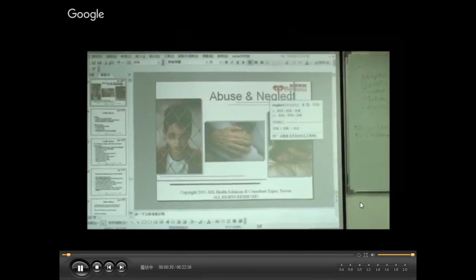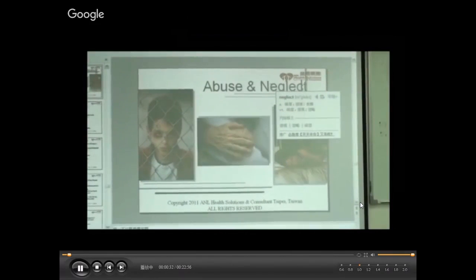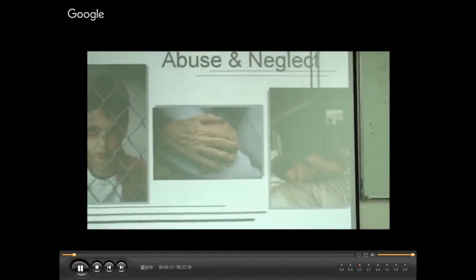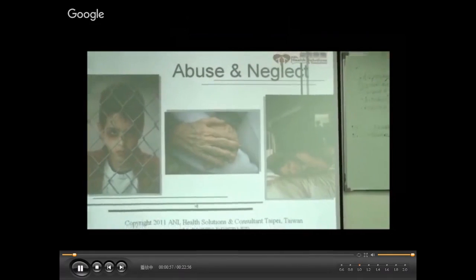So abuse and neglect can be found in both children and the elderly, your grandparents, not only the child but also the elderly. So you have child abuse, child neglect, elderly abuse, elderly neglect. That's why in the picture you can see not just the child there, but also the elderly.